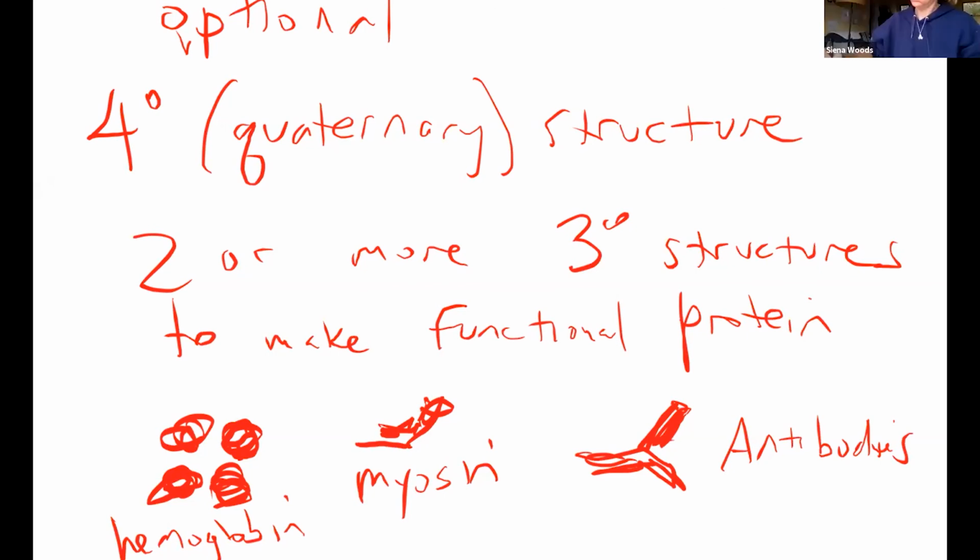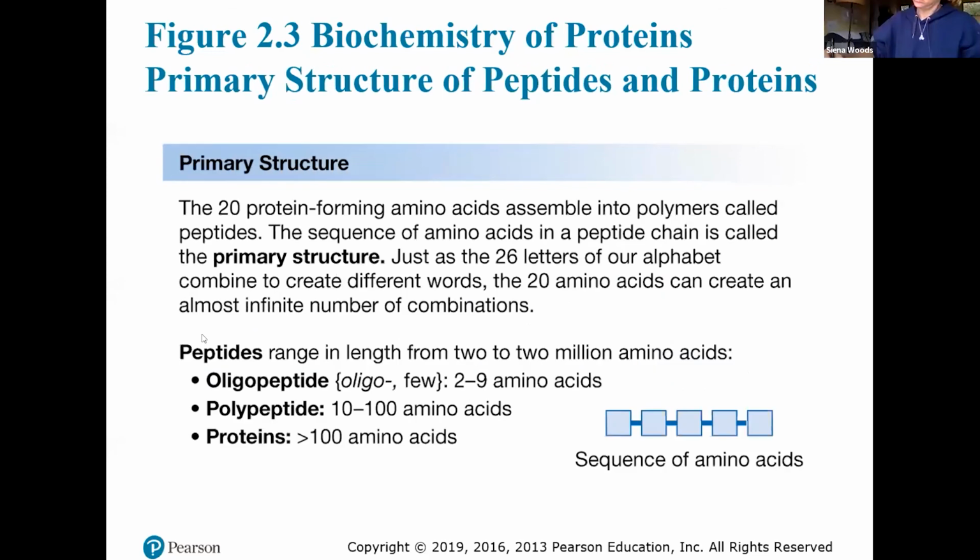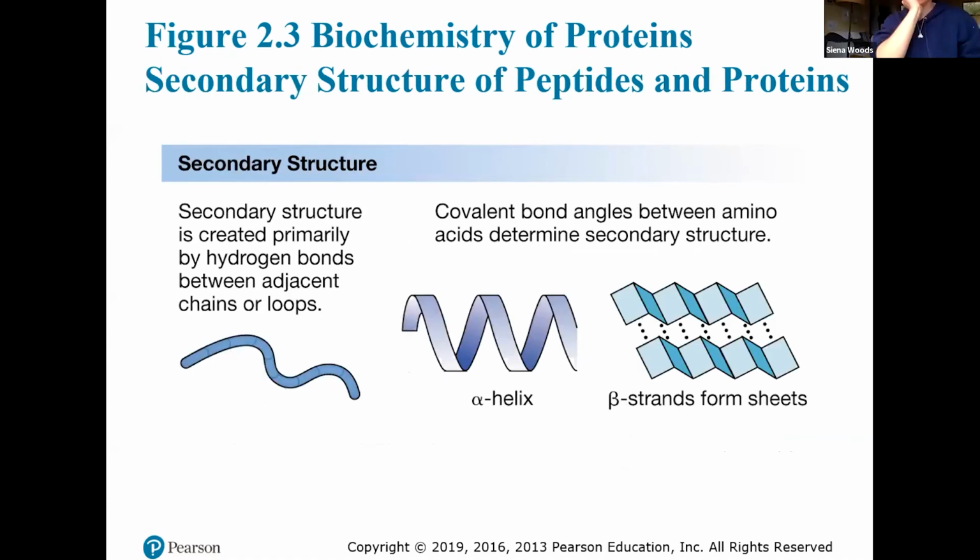So now we're back here on the PowerPoint that's from your book. Just reiterating, primary structure is just the sequence of amino acids connected together. And like I said, it might be tens of thousands. Secondary structure is either alpha helices or beta pleated sheets.